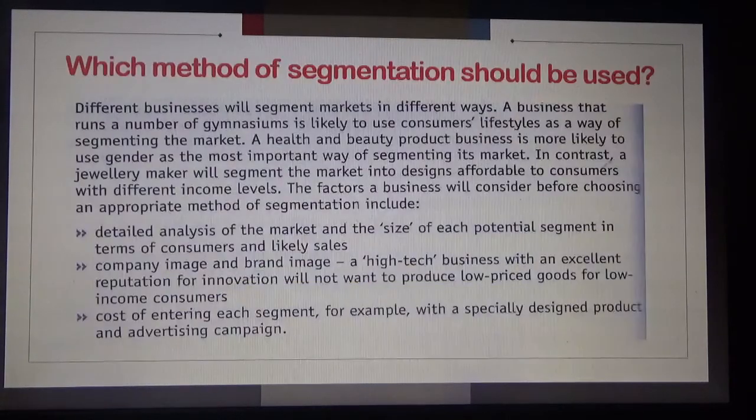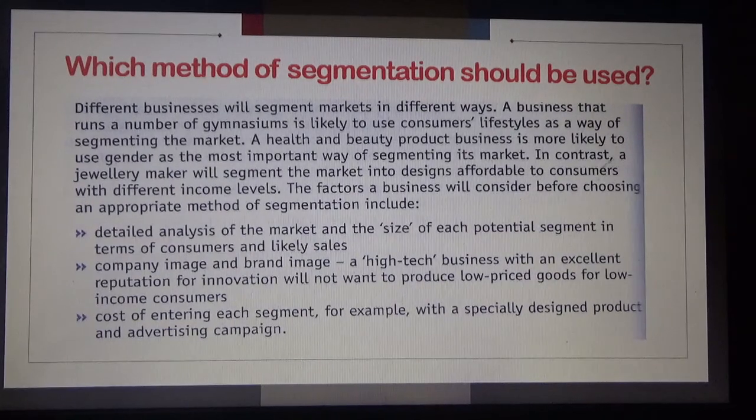Okay? Now we have which methods of segmentation should be used. Right here, different businesses will segment markets in different ways. A business that runs a number of gymnasiums is likely to use consumers' lifestyles as a way of segmenting the market. A health and beauty product business is more likely to use gender as the most important way of segmenting its market.